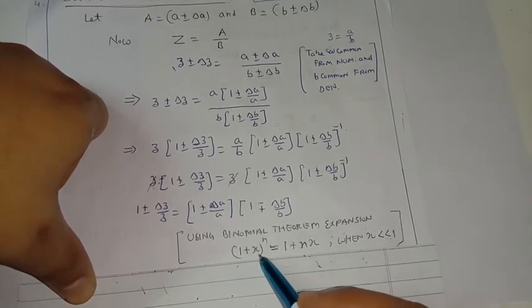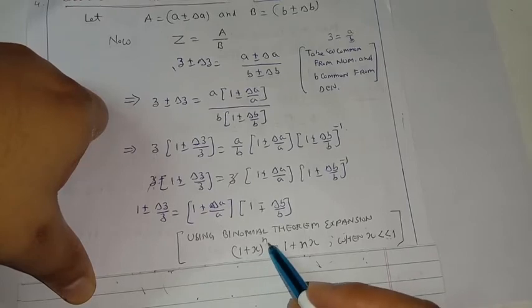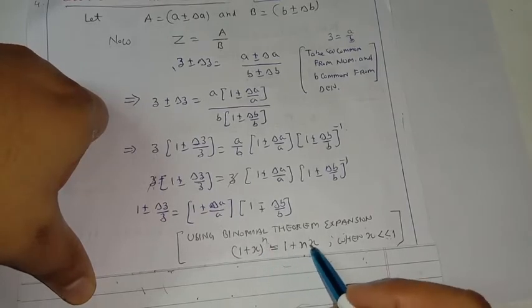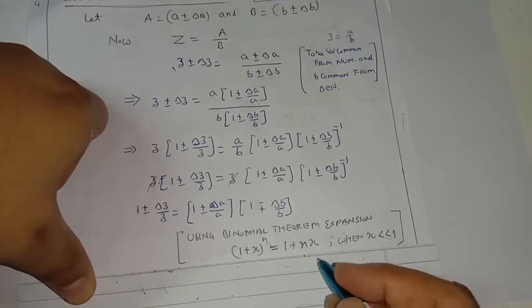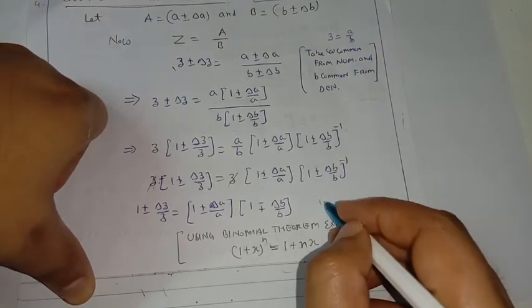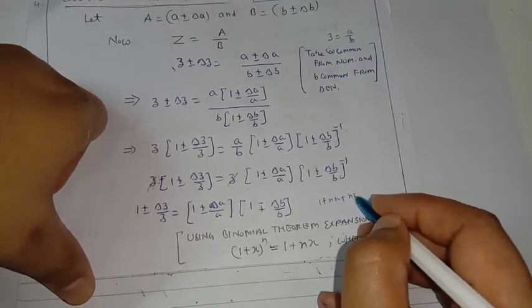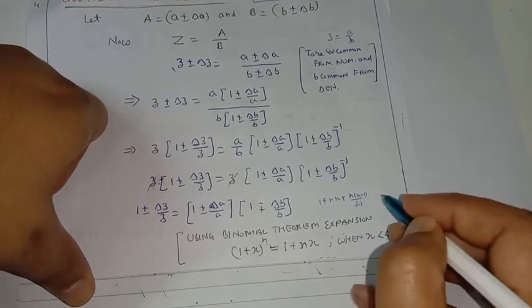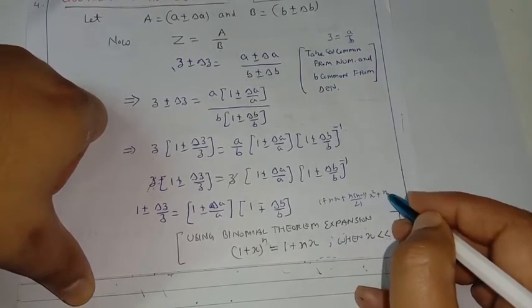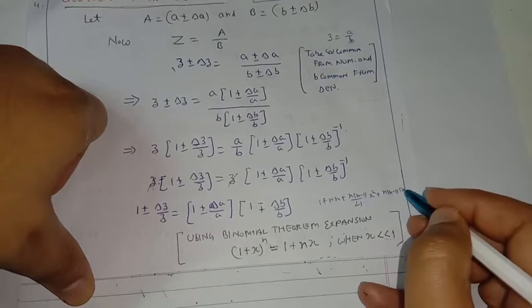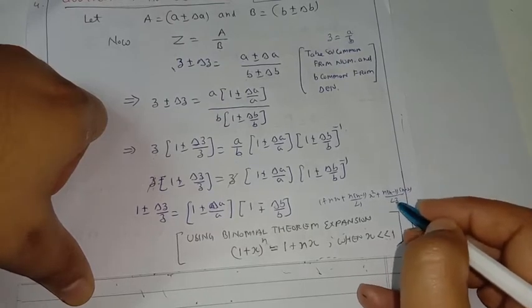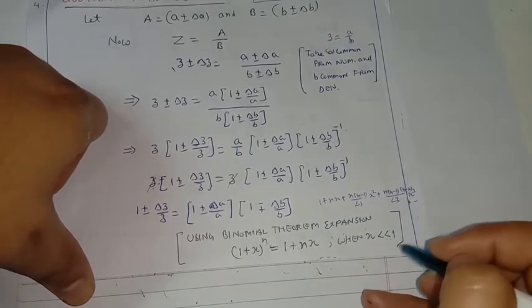The actual expansion is 1 plus x raised to power n equal to 1 plus nx plus n into n minus 1 over 2 factorial into x square plus n into n minus 1 into n minus 2 over 3 factorial into x cube, and so on.